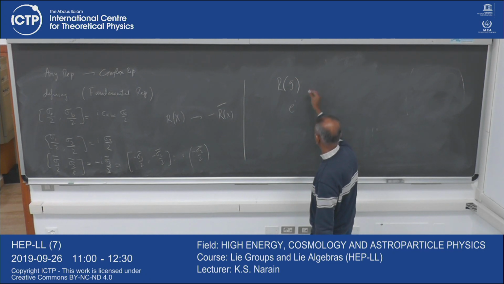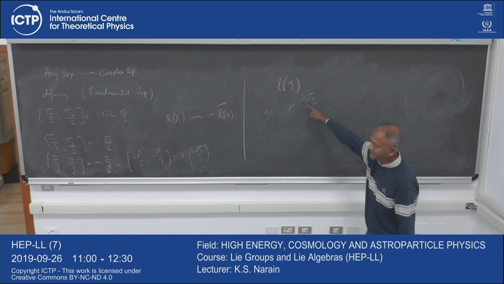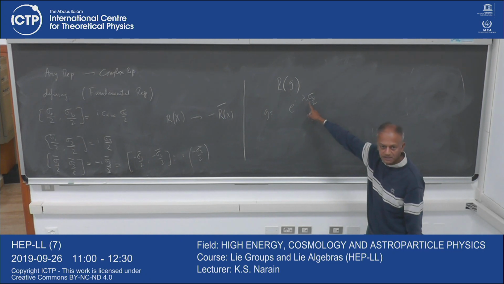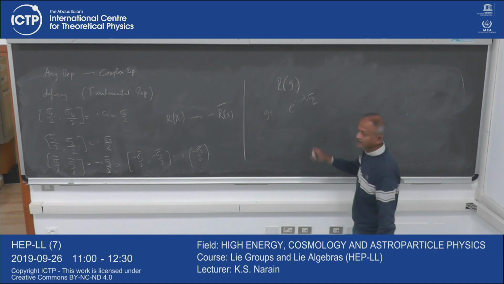So G is e to the i lambda A sigma A by 2, where lambda A are some real numbers. The generic element of SU2 will be given by that.